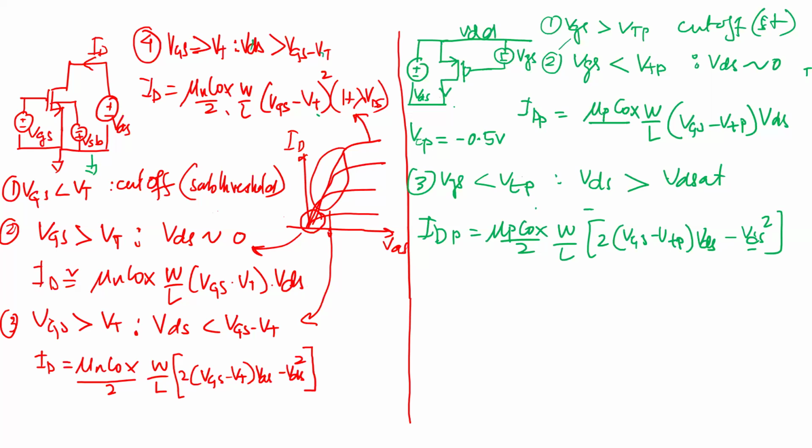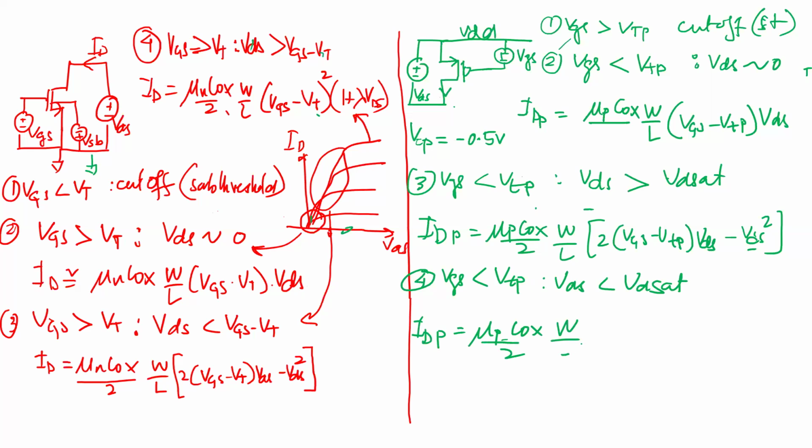Okay. And then the fourth one is the saturation one, which is VGS still less than VTP, and VDS is less than VDsat, which is negative. Its magnitude will be greater than that, and IDP would be mu P Cox over 2 W over L (VGS minus VTP) squared, and then (1 plus) lambda times VDS.